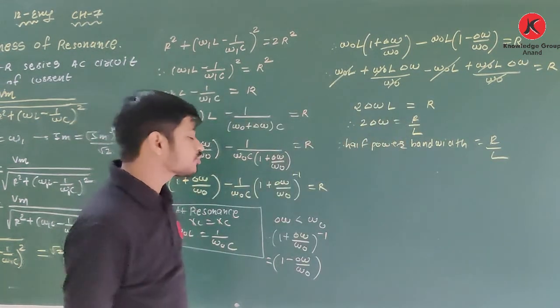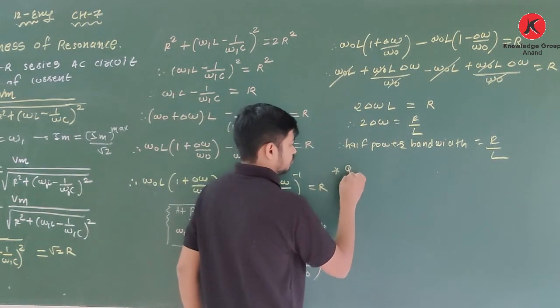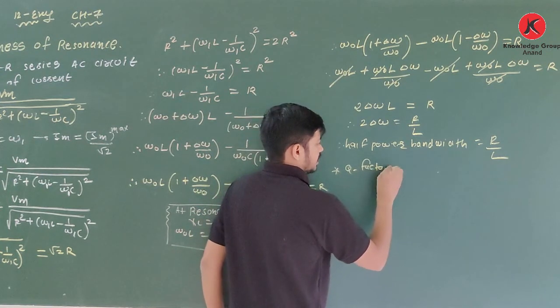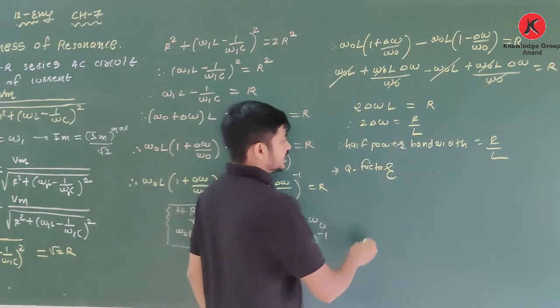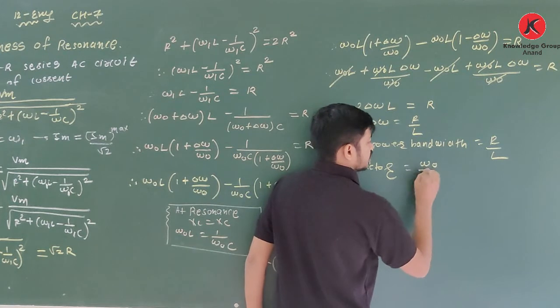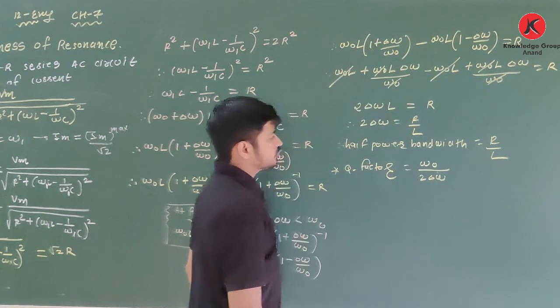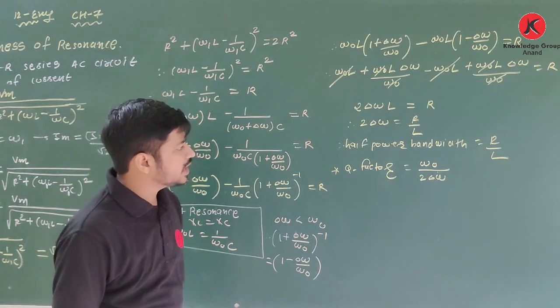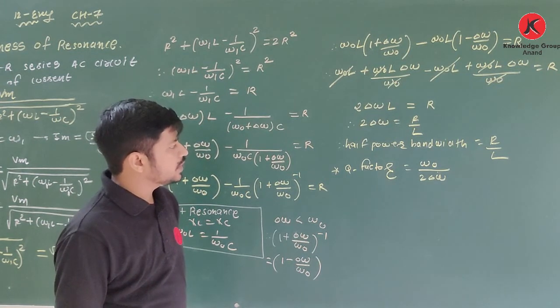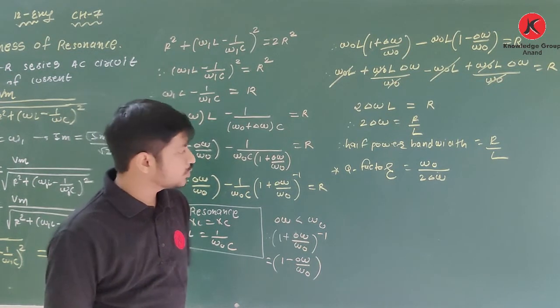So now what is Q factor? Q factor is equal to omega 0 upon 2 delta omega. You have to obtain the equation of omega 0 upon 2 delta omega.